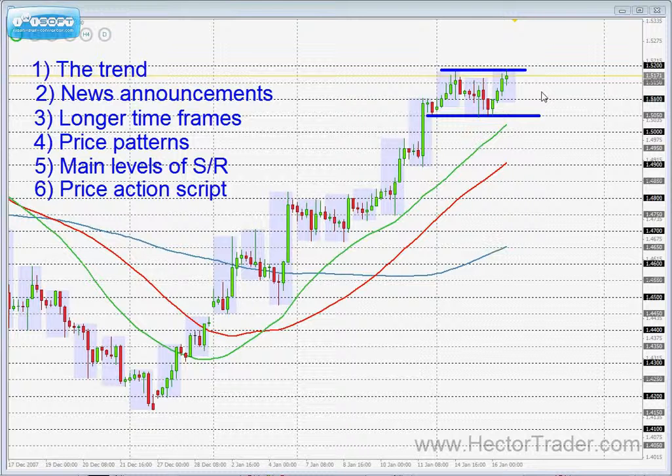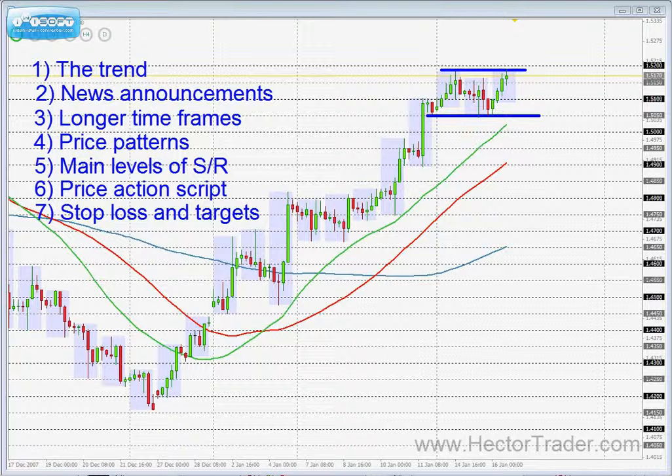Another element every trade plan should take into consideration is where I will place my stop loss and where I will place my price targets. I talk all about stop losses and price targets in chapter number 4, so I don't want to overload you with information.